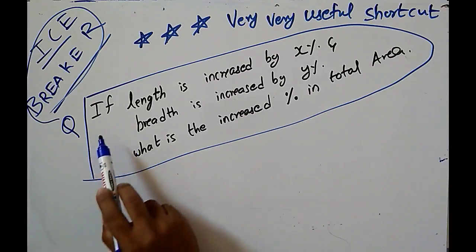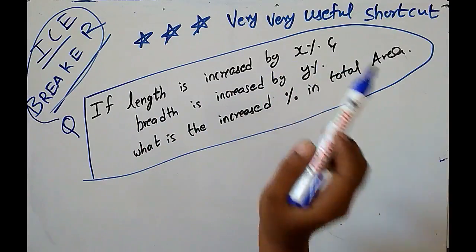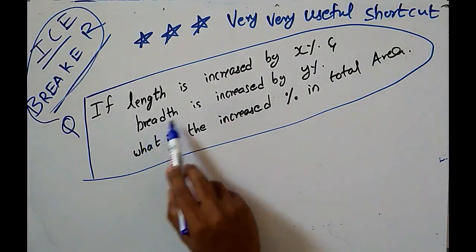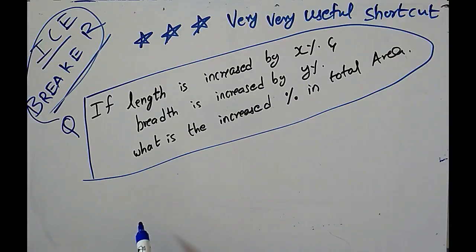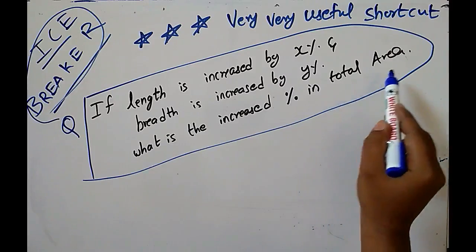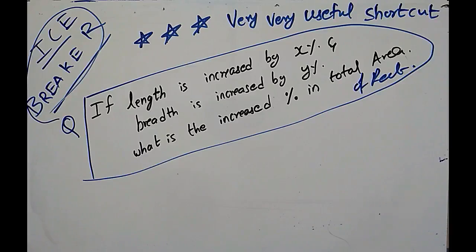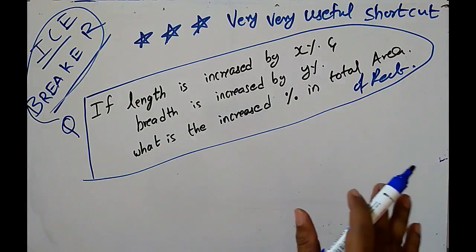See friends, if the length is increased by x% and breadth is increased by y%, what is the increased percentage in total area of rectangle? Very easy friends. You shouldn't go for the traditional method.